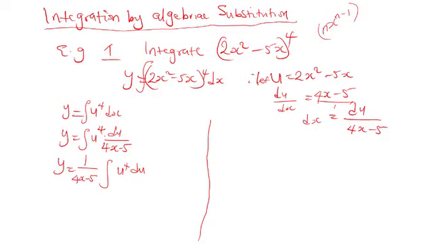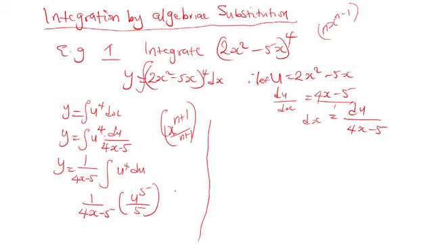You take it out. Now when you integrate u raised to power 4 using the formula for integration, which states x to the n plus 1 over n plus 1, if you apply it here, your equation becomes 1 over 4x minus 5, then in place of this you now have u raised to power 5 all over 5.